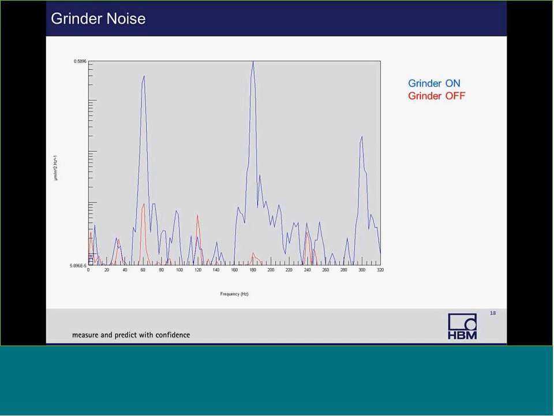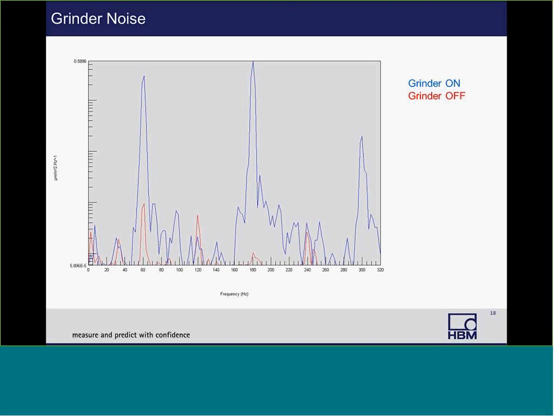And you can see the blue trace here is with the grinder being pulsed on. The red trace is what I'm going to call the room noise. And you can see the scaling on the y-axis is a log scale. And you can see there's more 60 hertz noise when the grinder's on.